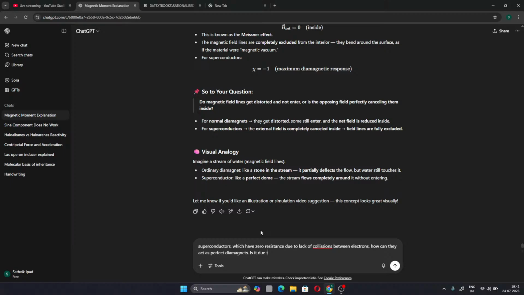Is it due to the external field altering the internal magnetic moments completely, such that the opposing field created is very strong?